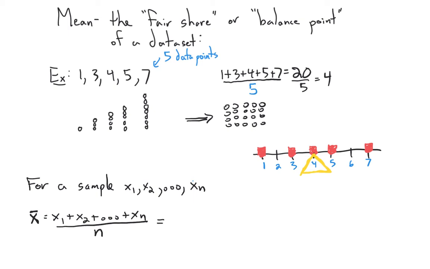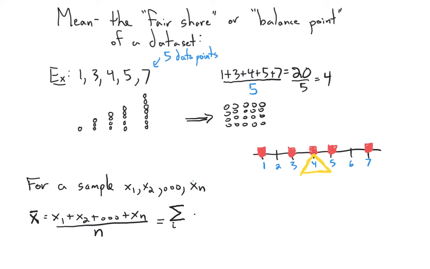Another way of writing this, you can see it in summation notation as well. So rather than writing this long string of x1 plus x2 all the way to xn, well, what am I doing here? I'm adding up all of these x's where the subscript ranges from 1 to n. So we can use summation notation for this. Let's say I'm going to call the index i.